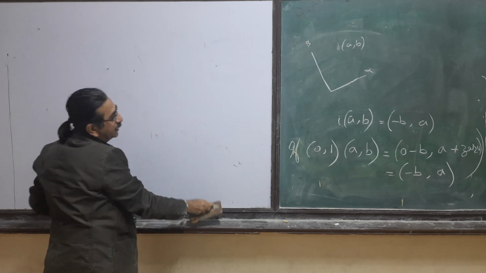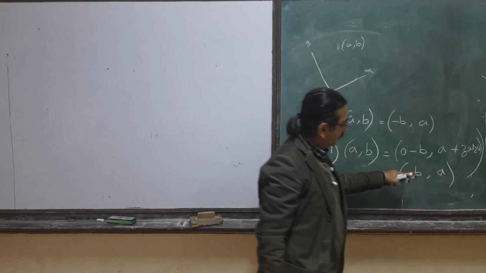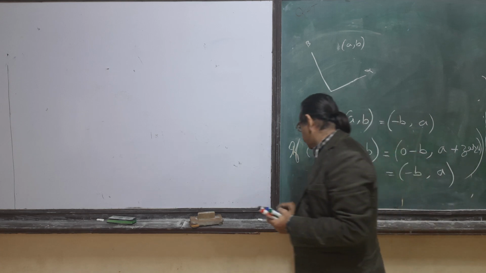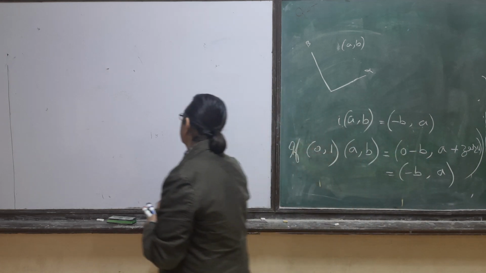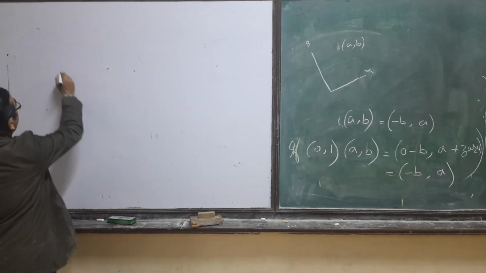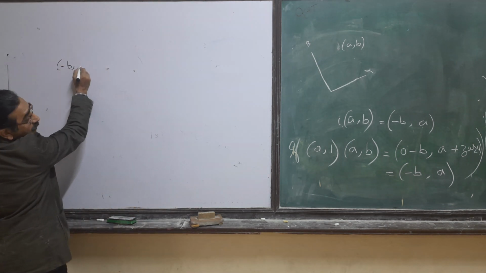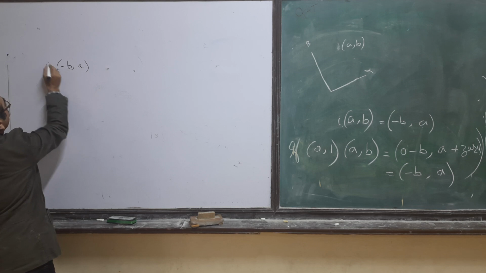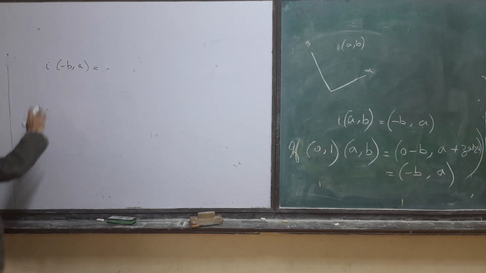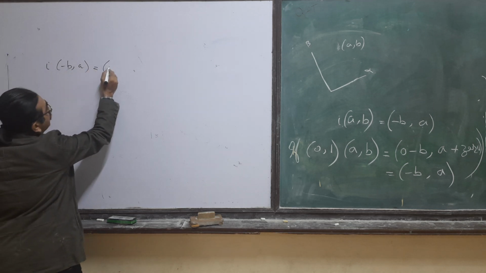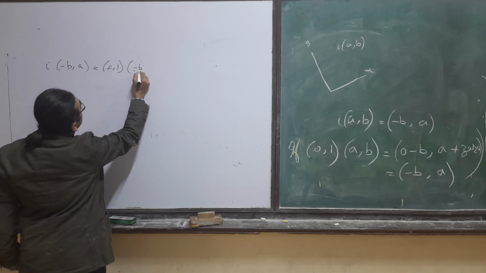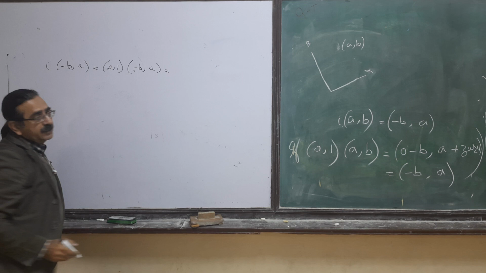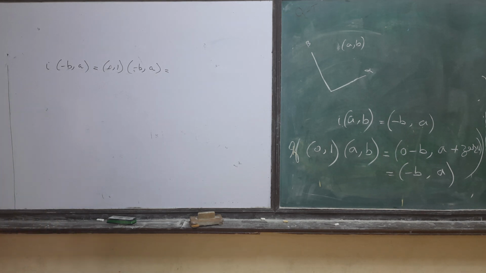If we apply this again, for example, if we apply minus B, A on iota, meaning 0, 1 with minus B, A, then this will give you, yes.